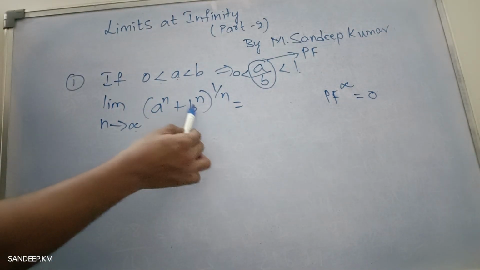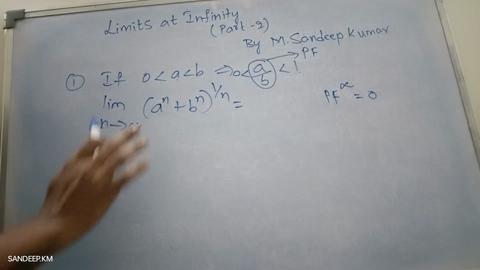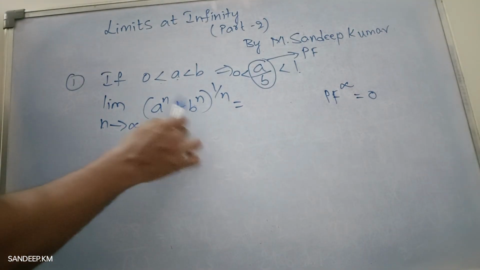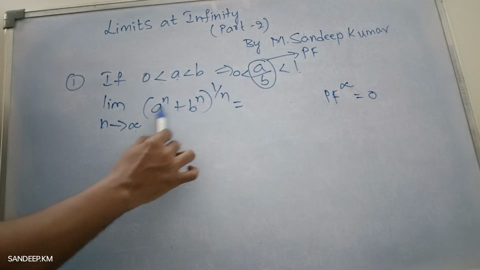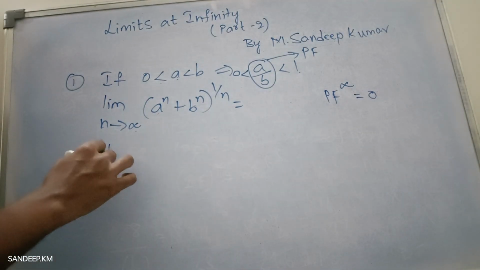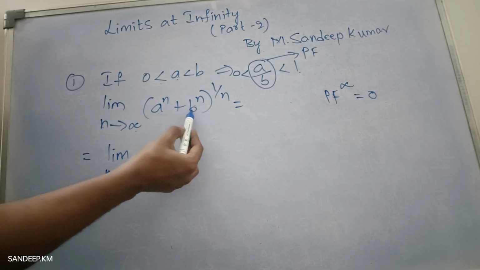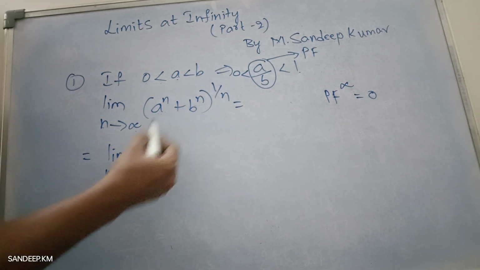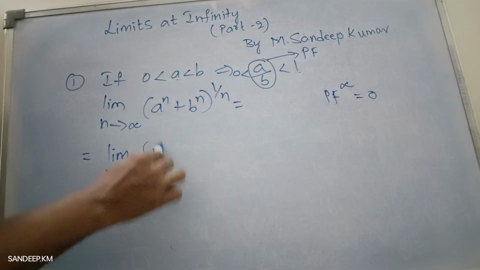Observe, a^n + b^n is there and the whole power 1 by n is there. You can take a^n common or you can take b^n common. What I am going to do is take b^n common in these two terms. So why do we do that? You can understand this. If I take b^n common, b^n comes outside and it takes power 1 by n.